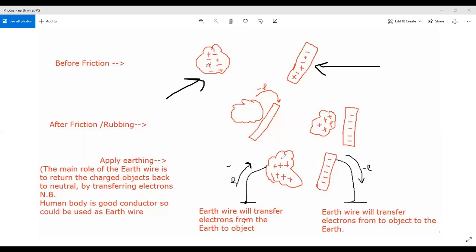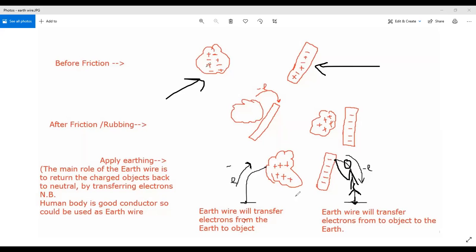Another case: what if it was holding a negatively charged cloth? The negative charge will pass through her body. Let's say this is the cleaner's body. It will act as an earth wire. The cleaner is holding this piece of cloth, and the charge will pass through her body towards the earth. And that's what will happen.